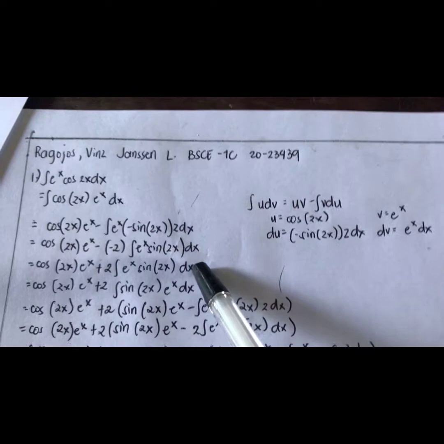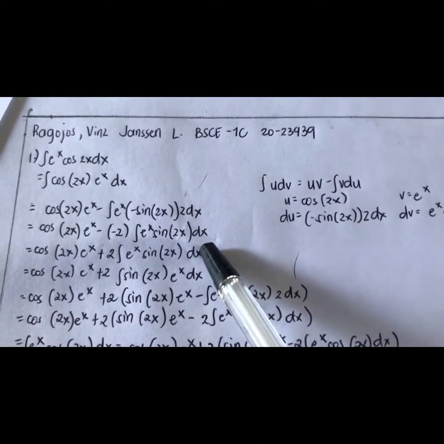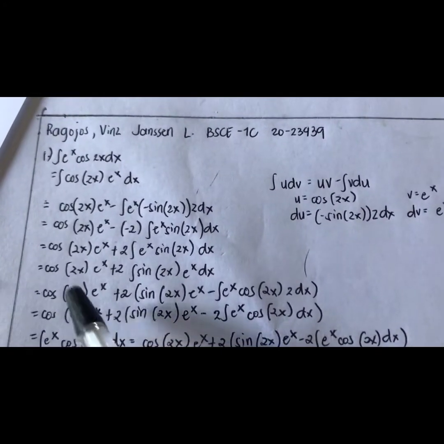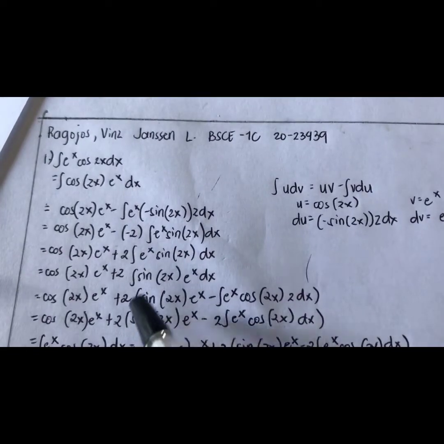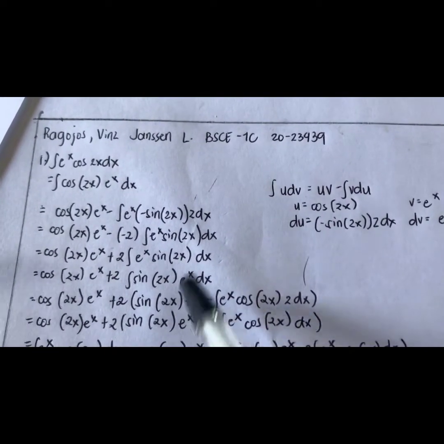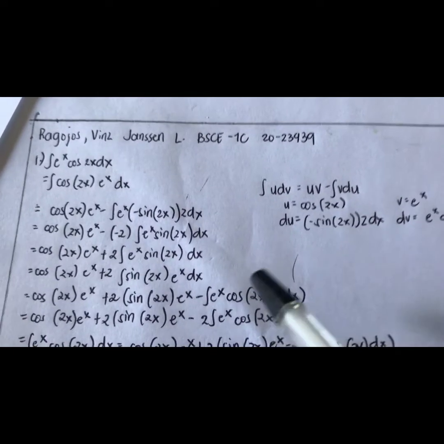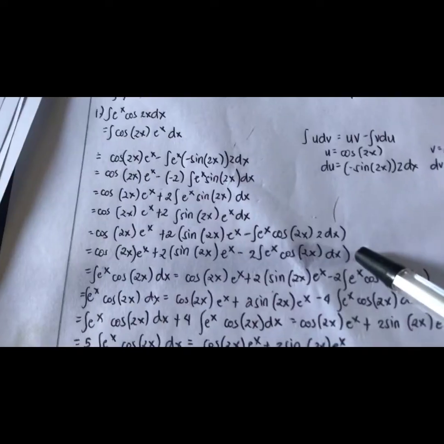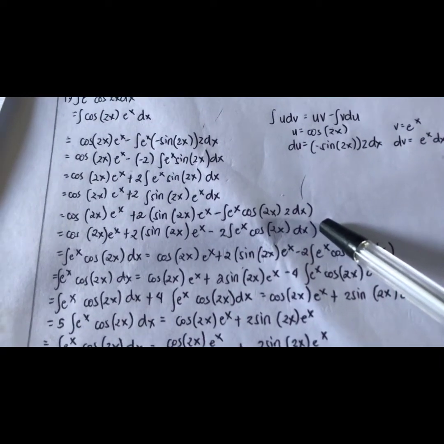And then we're going to evaluate this using the properties of integral, and that will give us cos 2x times e raised to x plus 2 times sine 2x times e raised to x minus the integral of e raised to x cos 2x times 2 dx. Now we're going to write the equation as an expression.